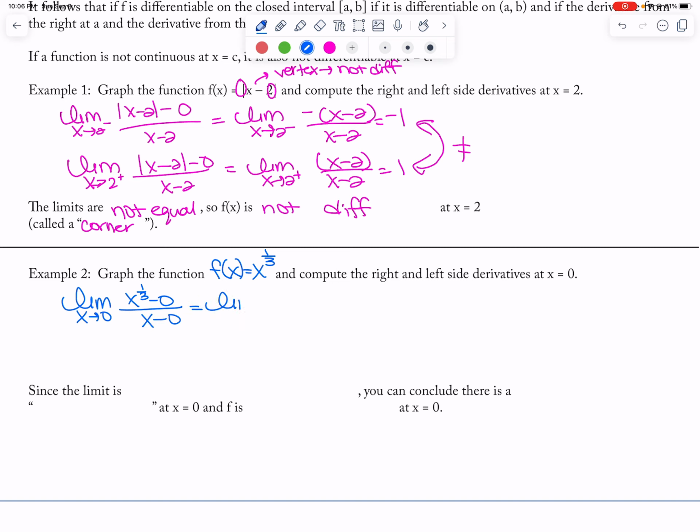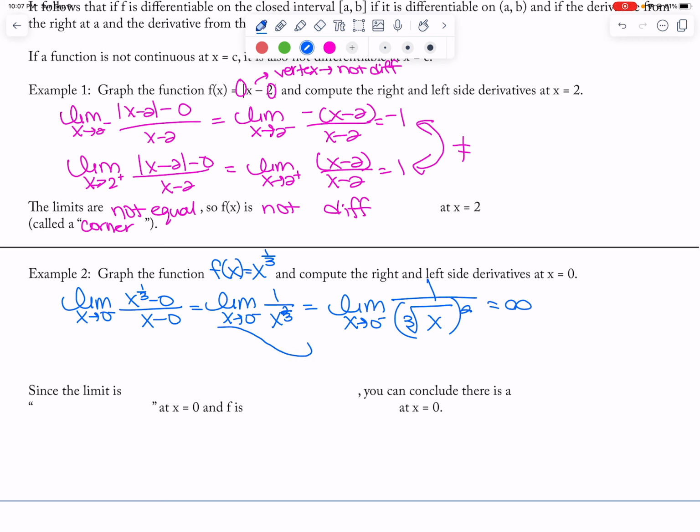So I get the limit as x approaches 0 of 1 over x to the 2/3 power. Realistically, I'm taking the cube root of x, and then I am squaring it. That's what is happening. When I go from the negative side, it doesn't make any difference. I'm going to get positive infinity.